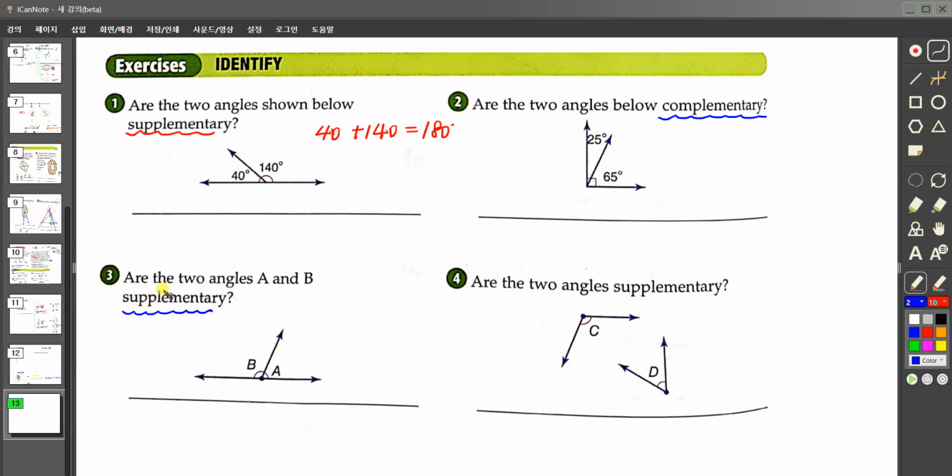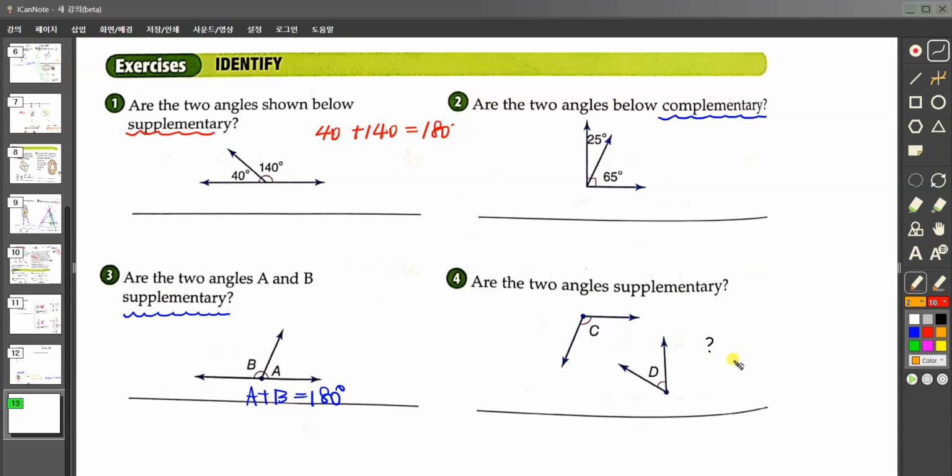And how about this? Are the two angles A and B supplementary? We need A and B to make 180, right? It just looks like that. Are the two angles supplementary? I don't know. We need a ruler.